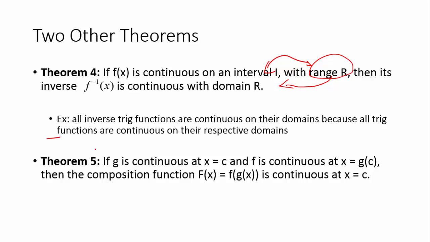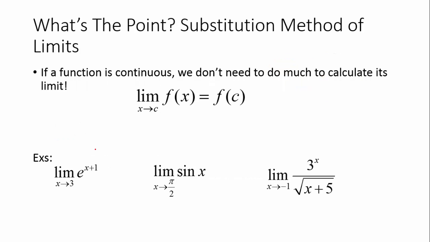All right, and the last one has to do with composition of functions. If g is continuous at a point x equals c, and f is continuous at the point x equals g of c, then the composition f of g of x has to be continuous at x equals c. Okay? We're almost done. And this is kind of the punchline of this whole section.